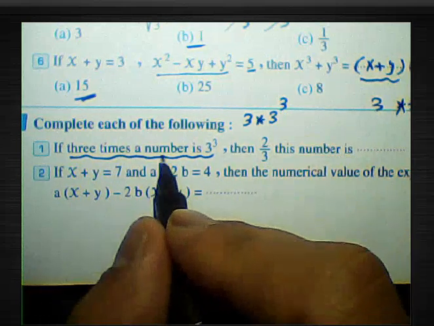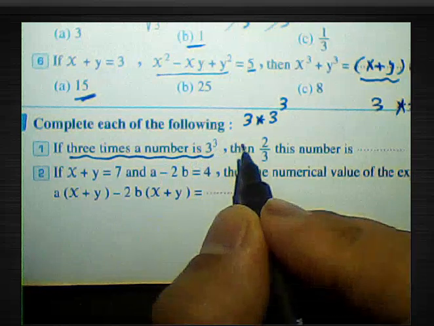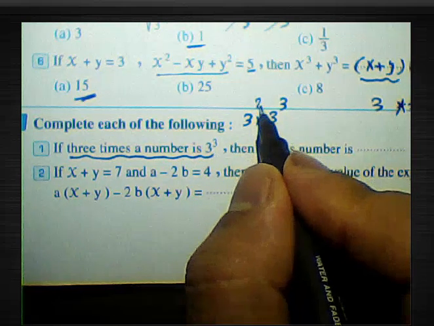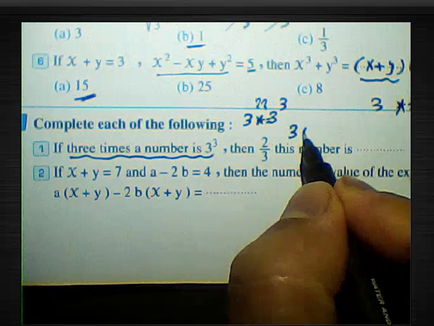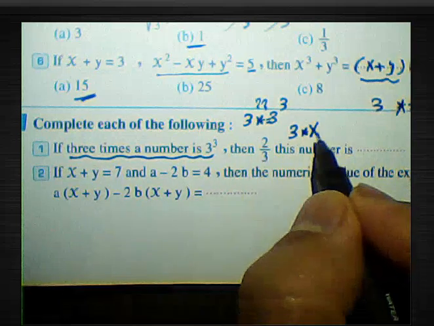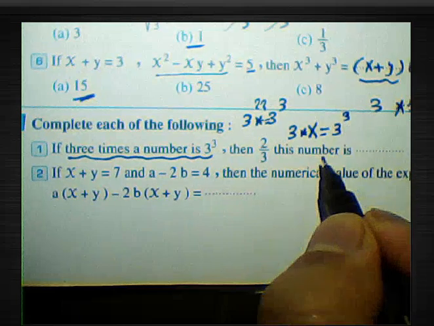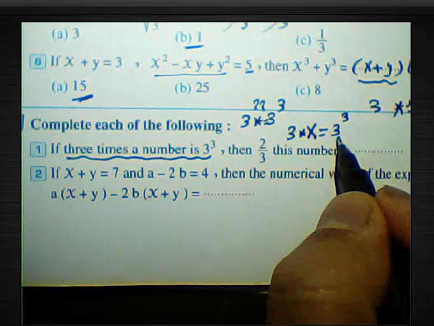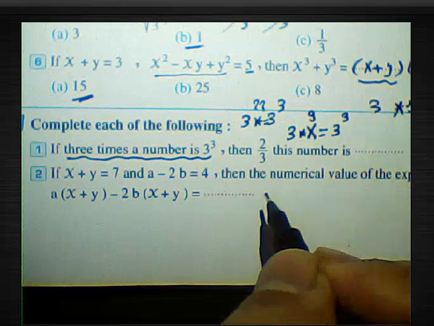If 3 times the number is 3 power 3, 3 multiplication by what equals 3 power 3? Let this number equal x. 3 times x equal 3 power 3. 3 power 3 means 27. 27 divided by 3 equals 9. Then this number will be 9.